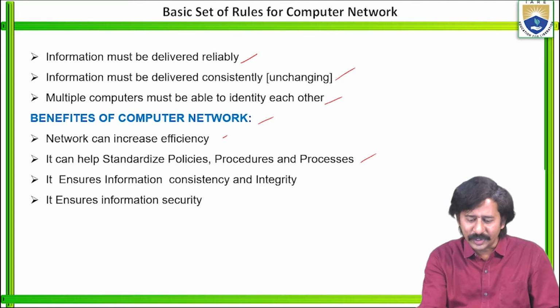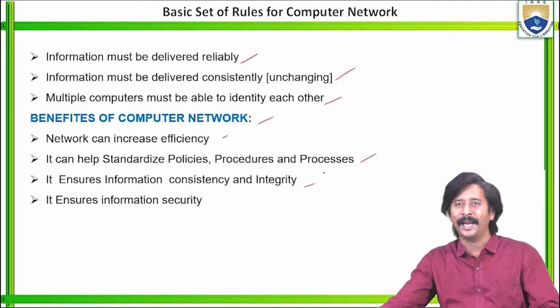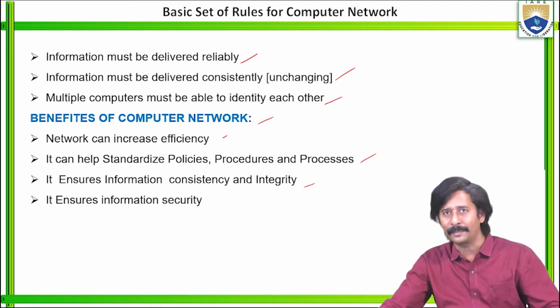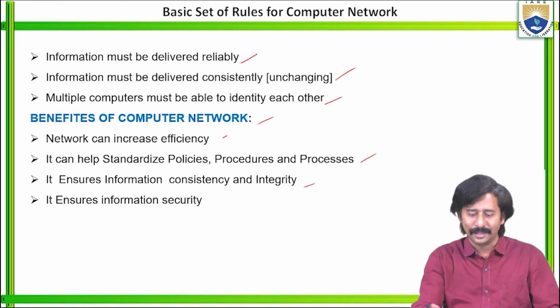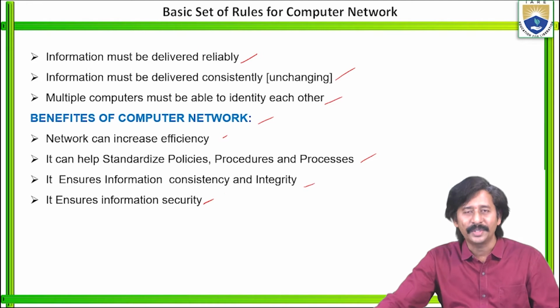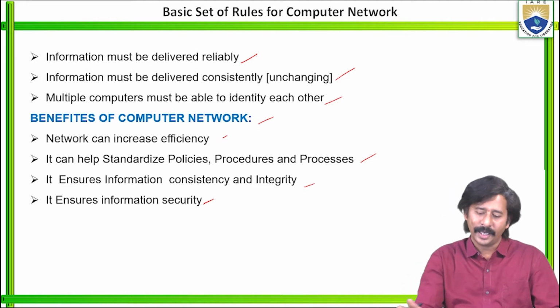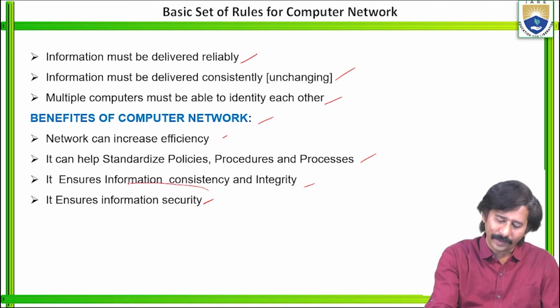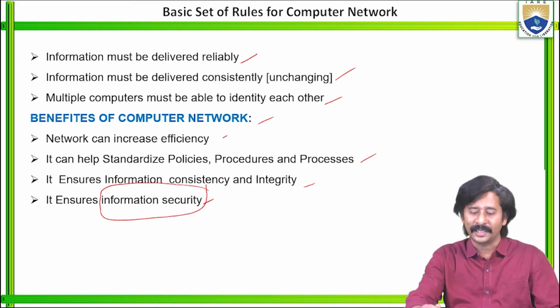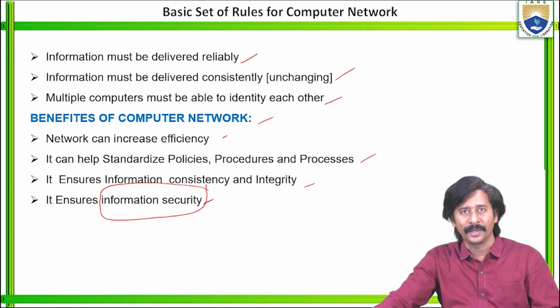Then it ensures information consistency and integrity. So that is another benefit. And last, it ensures information security. Nowadays a number of real-time applications are implemented with the help of this information security.